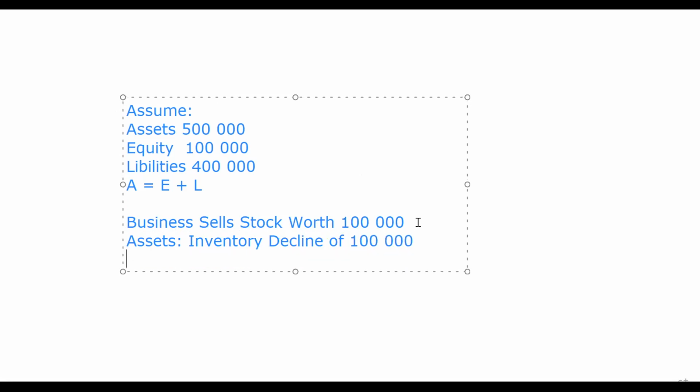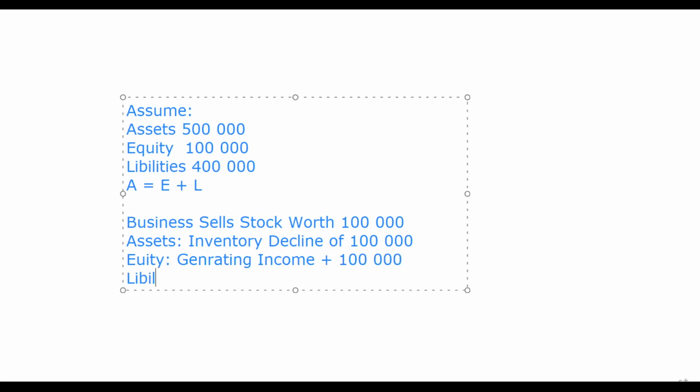Let's look at equity. How has equity been affected? If you sell inventory, you're going to make income that is generated by the business. So equity, you are generating income, so there's an increase in equity of 100,000 rand. And then liabilities.